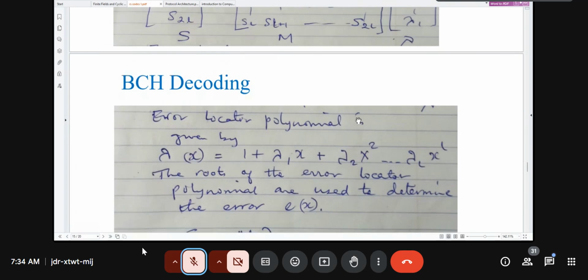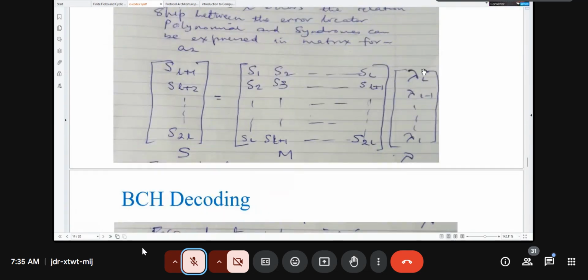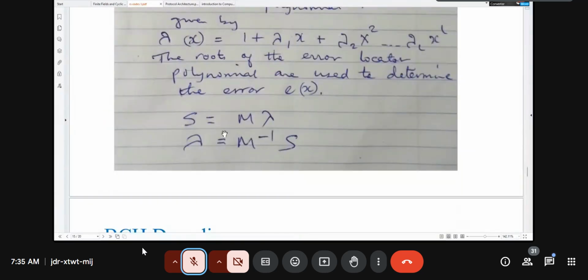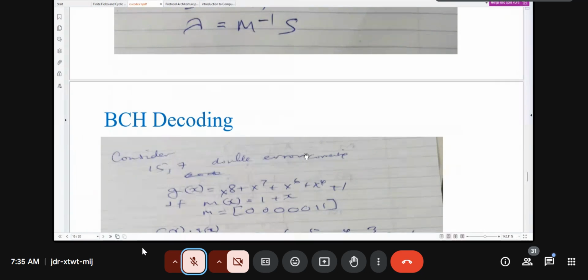So in matrix form, we want to get this locator vector, which is what we are trying to get in the long run. If S is equal to M lambda, therefore lambda is M inverse, and remember this is a matrix, multiplied by S.